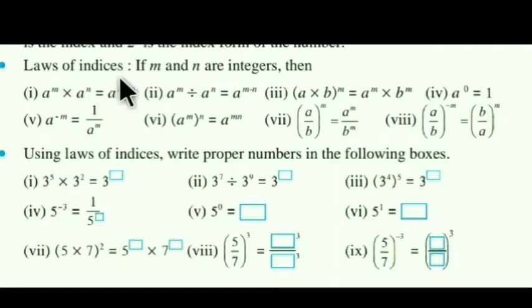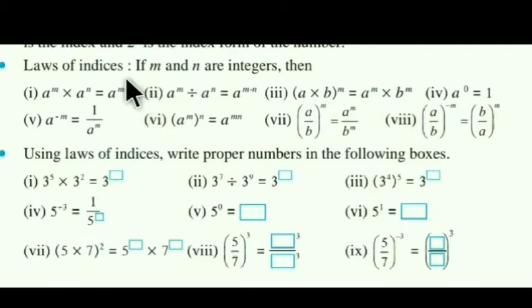Then the laws of indices. If m and n are integers, then the first law: a raised to m into a raised to n is equal to a raised to m plus n.